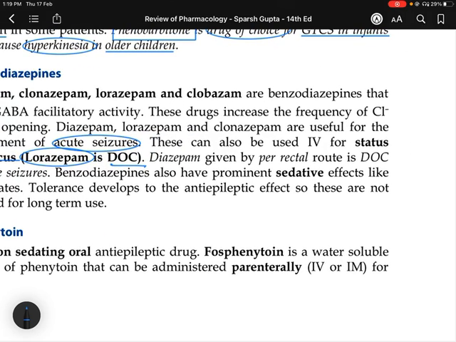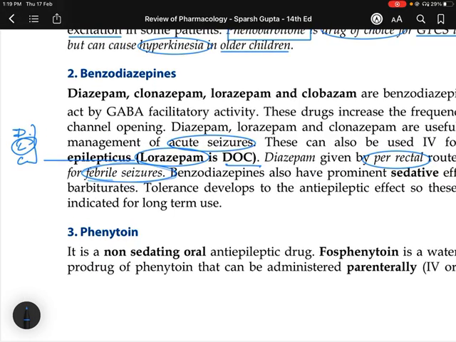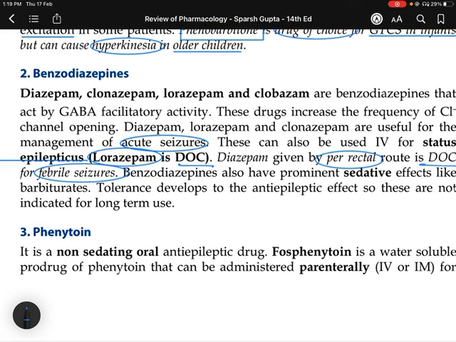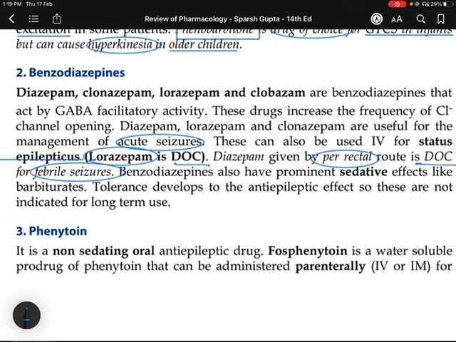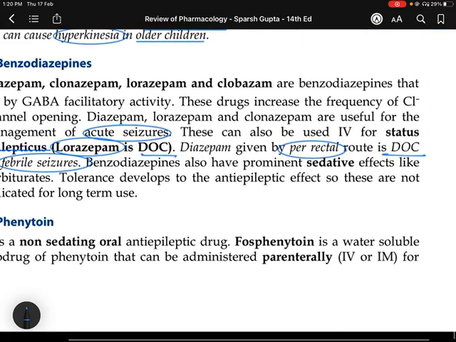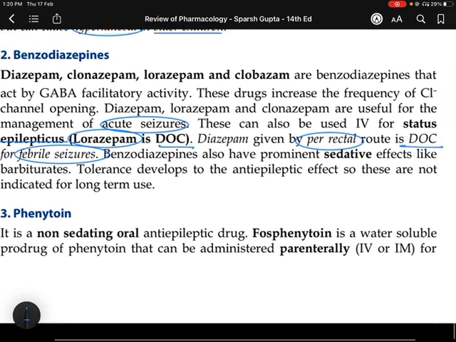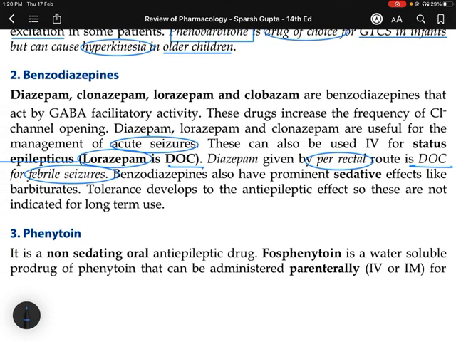Now, diazepam is given by the per rectal route. Per rectal diazepam is the drug of choice for febrile seizures. But benzodiazepines also have prominent sedative effects like barbiturates. Tolerance develops to the anti-epileptic effect.